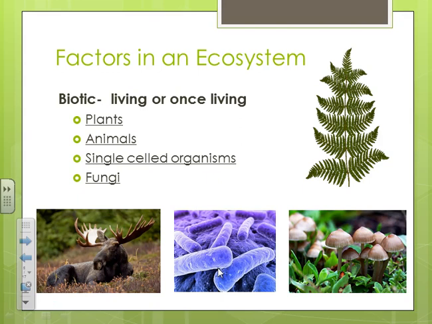Fungi, the list for biotic can go on and on and on. Because in an ecosystem, there are thousands of living things, or things that were made of living things. So think about soil, and think about whether or not you would classify soil as being biotic or abiotic, and why. So I'm going to give you some think time.